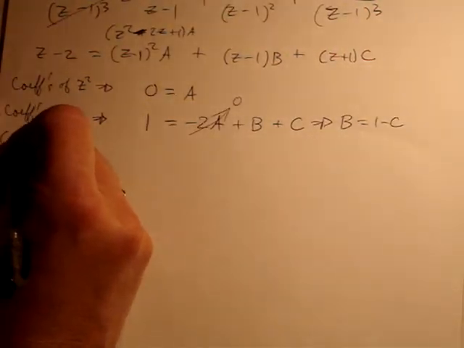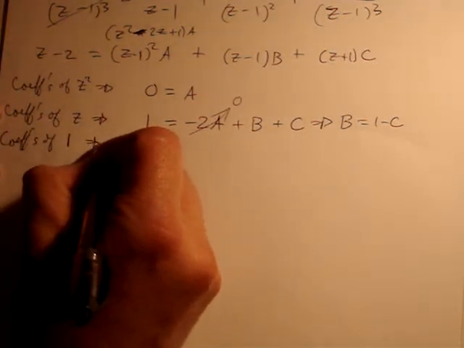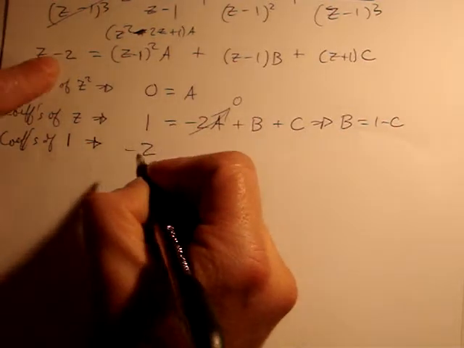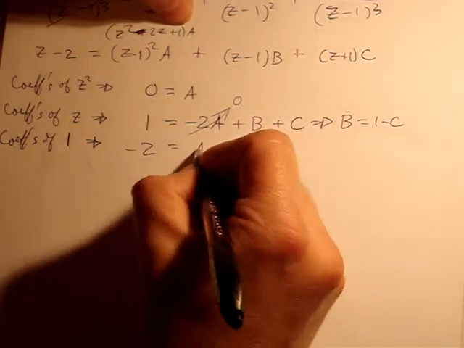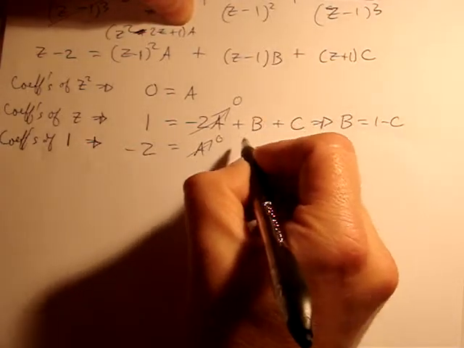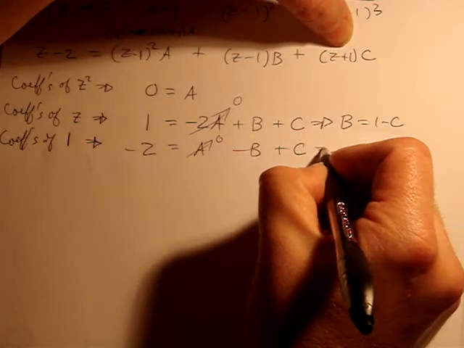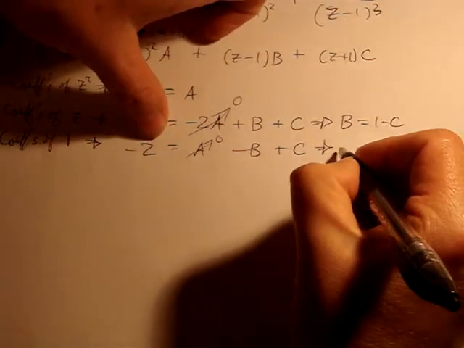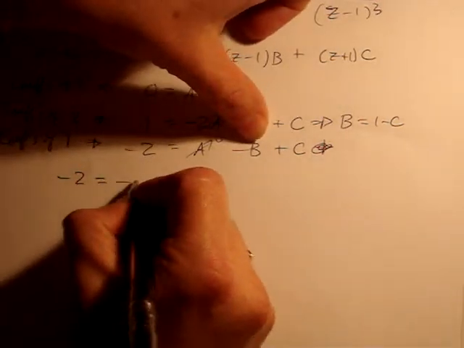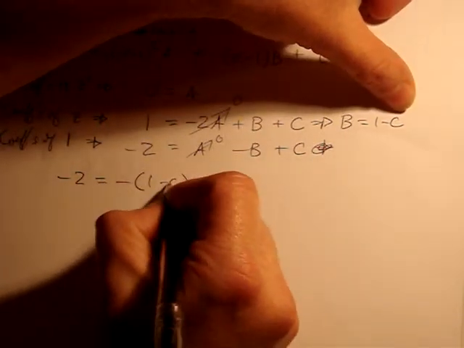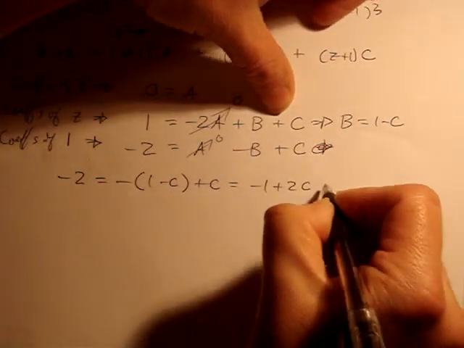And then the last one, matching the constant coefficients, says that negative 2 on the left-hand side is equal to the right-hand side, again A is going to go to 0, minus B plus C. So what does this say? Negative 2 equals negative B, well, we said B is 1 minus C, plus C. So that's negative 1 plus 2C.